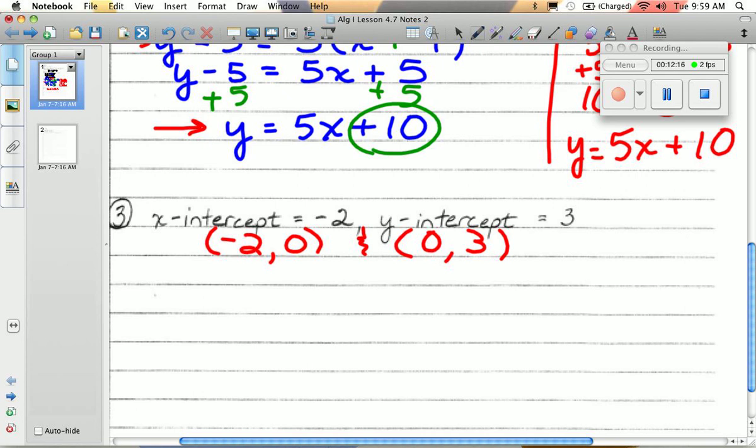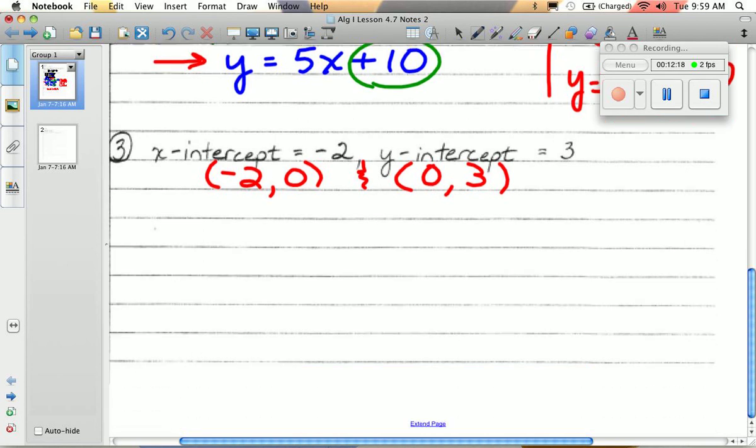And so now we're going to do just like we did in number 2. Our first move is we've got to find the slope. So we're going to substitute into our slope formula. Abby, go ahead and tell me how you want to do it. 3 minus 0 over 0 plus 2. Okay.